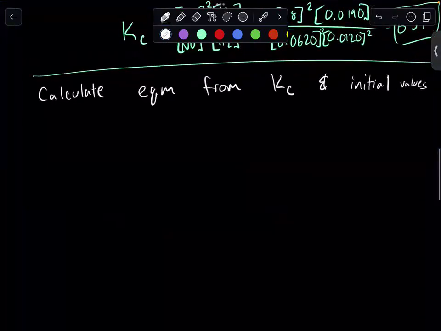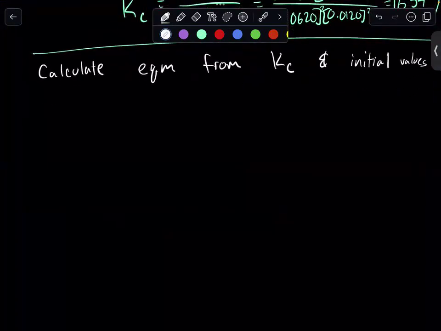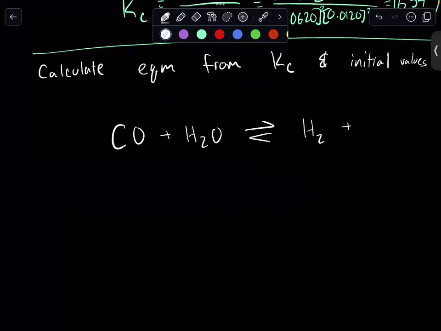So in this example, we'll take the reaction of carbon monoxide plus water reacts to form hydrogen gas plus CO2. So these are all gases here. And what we'll say is that we're going to start with 1 mole of each of our reactants.